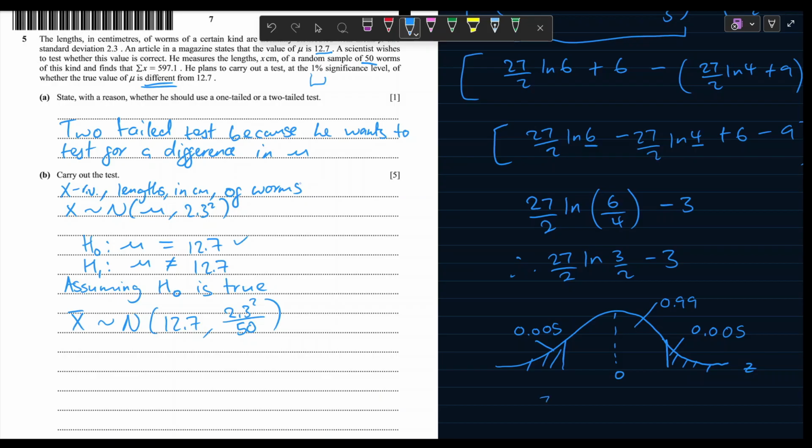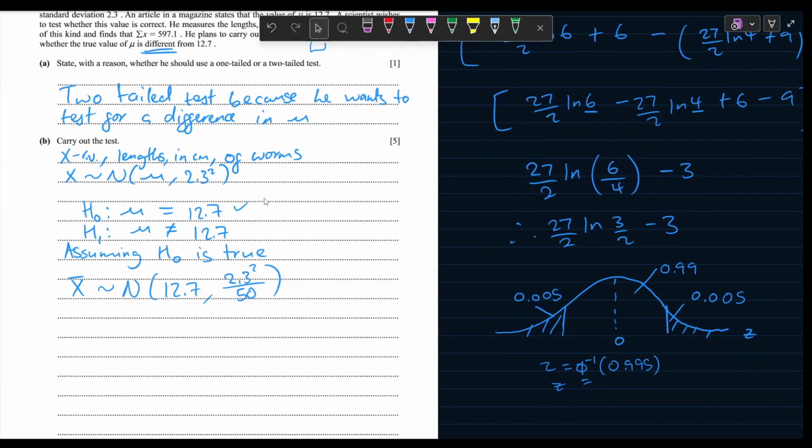And so we need to find the corresponding Z values. So that's going to be Z is the inverse Phi of 0.995, which will be in the critical values table at the very bottom of the page with your normal distribution tables. So Z is 2.576. This means that this is 2.576. So we can create a rejection region, because the shaded region, the area we've shaded, is the region in which we're going to reject H naught.